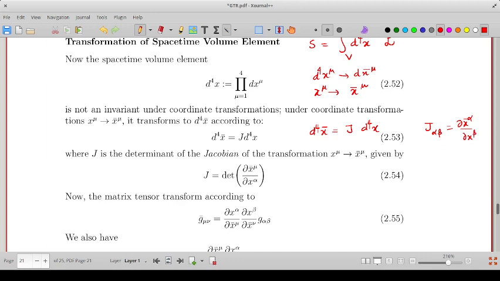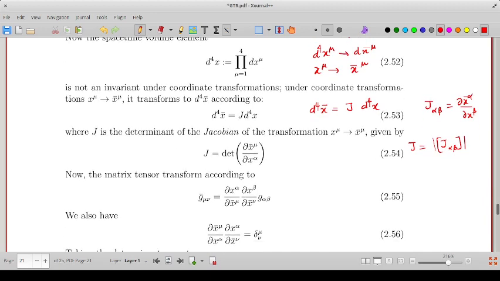So we have a matrix with components J alpha beta corresponding to this transformation between the set of coordinates x and x bar, and then J is the determinant of that matrix. So as we change from the coordinate system x to x bar, the space-time volume element transforms like this. That is, they are different. So d4x bar is different from d4x, and it is by a factor J.